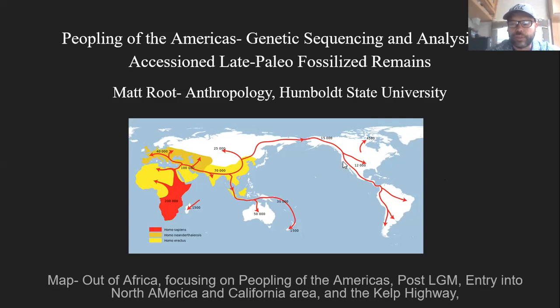And that was also in just the last 10 years. And this is a new theory about migratory patterns and gene flow around the Pacific Rim.